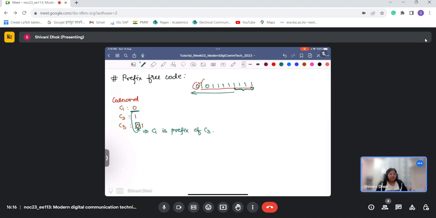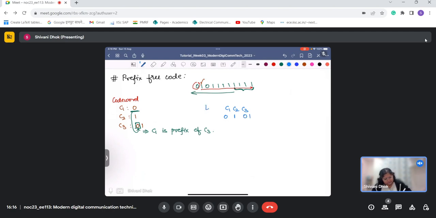Now what is the problem? I have three separate codes, right? So it's okay, I have one-to-one correspondence between all of these three codes. What is the issue? Let's say I transmit C1, C2, C3. What the receiver will see after properly recovering this binary string will be C1 is 0, C2 is 1, and C3 is 01.